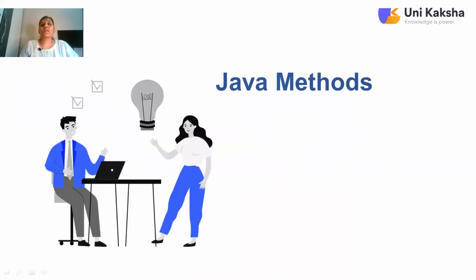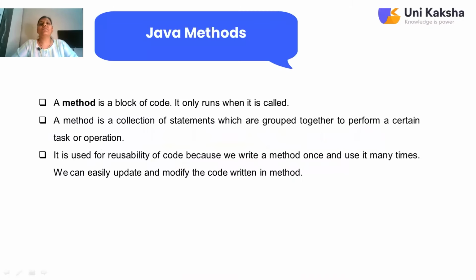Let's first understand what exactly the meaning of a method is. Basically, a method is considered a block of code which, when it is called, only then can be executed. A method is a collection of statements, or a collection of code, grouped together to perform a particular task or operation.